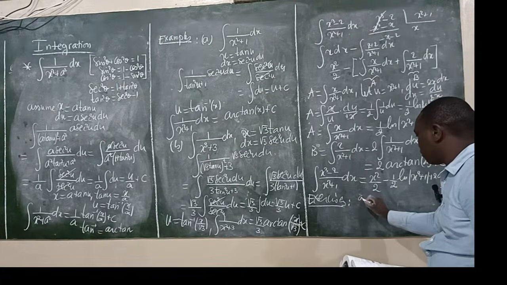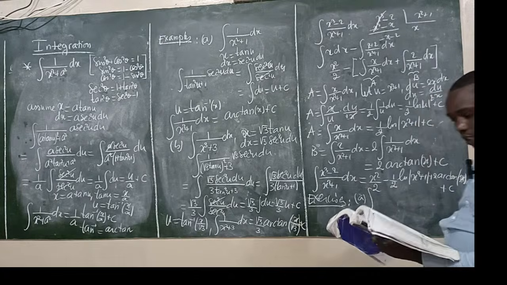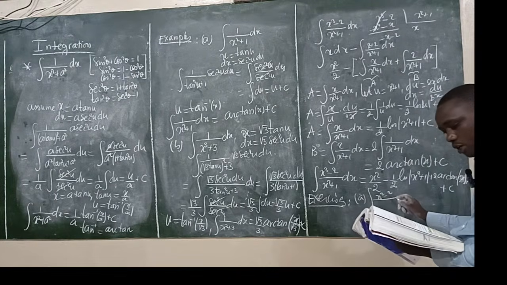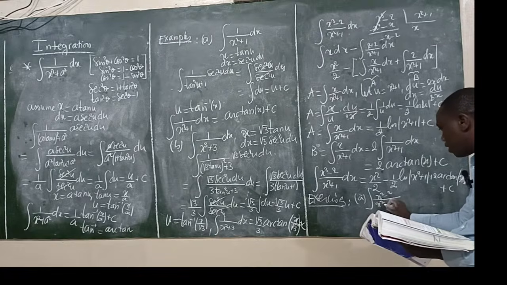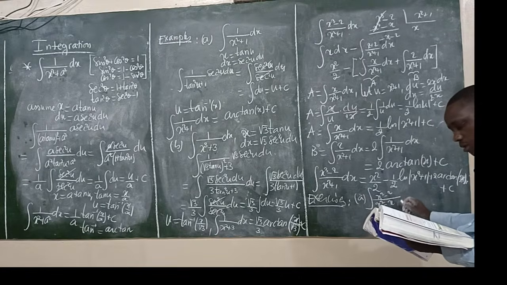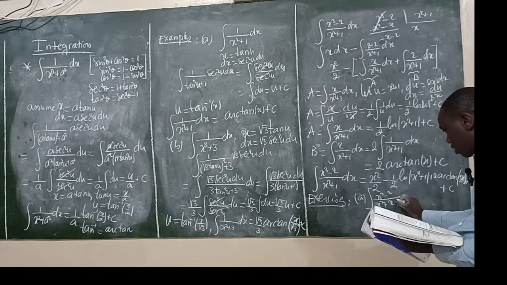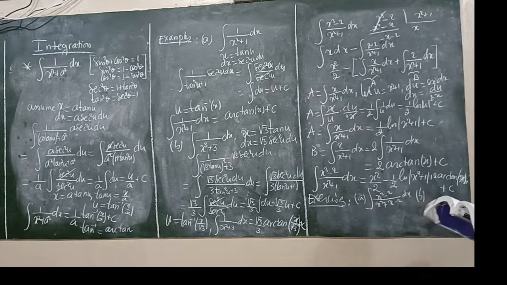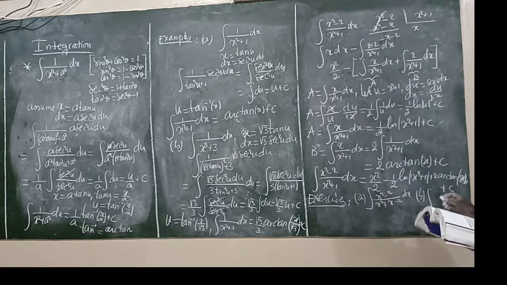A is the integral of x squared minus 2 divided by x squared minus x plus x squared minus 2 dx. B is about x squared plus 1 divided by 6x minus 9 x squared dx.